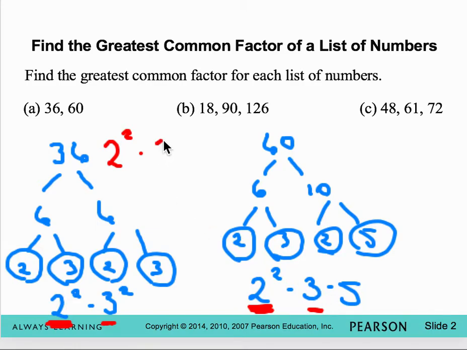So all they have in common is that one 3. You always take the one with the smallest exponent. So 4 times 3 is 12. 12 is the greatest common factor for 36 and 60. 12 goes into 36 evenly, 12 times 3, and 12 times 5 is 60.